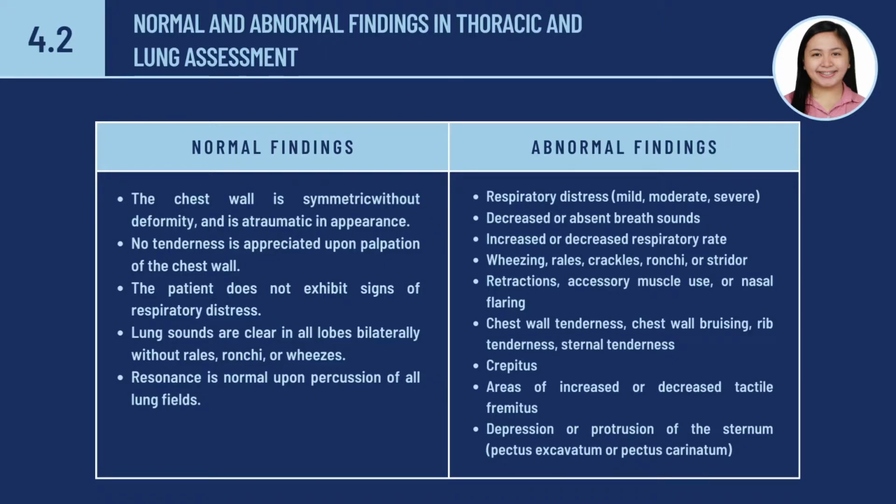Retractions, accessory muscle use, or nasal flaring. Chest wall tenderness, chest wall bruising, rib tenderness, sternal tenderness. Crepitus, areas of increased and decreased tactile fremitus, depression or protrusion of the sternum.